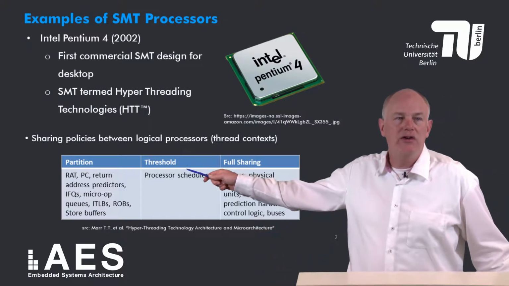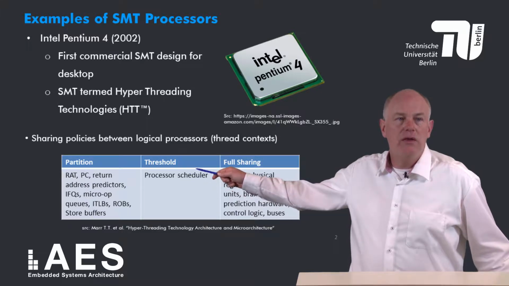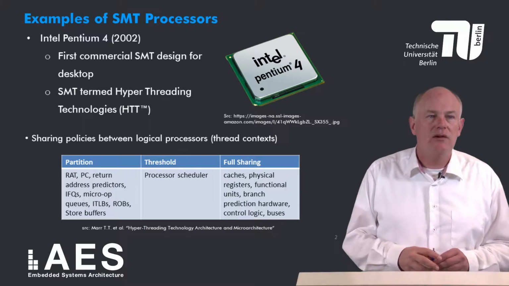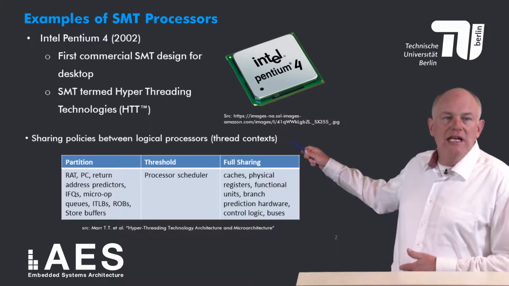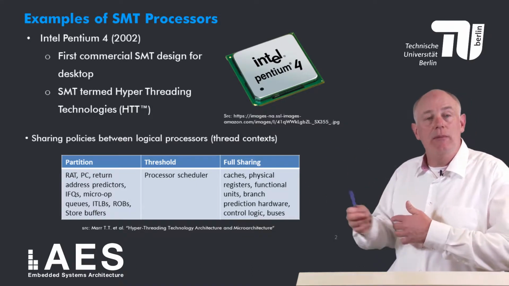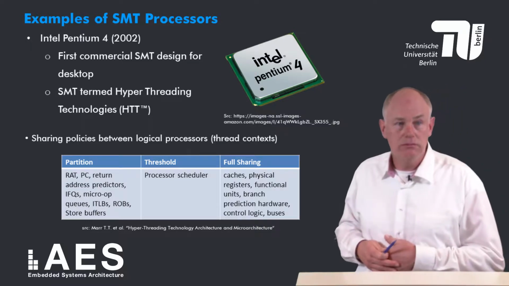Partitioned are the return address table, the program counter, the return address predictors, the instruction fetch queue, etc. Fully shared are the caches. The caches are not replicated, because if we replicate the cache, we have a multi-core, which is the topic of a different module.